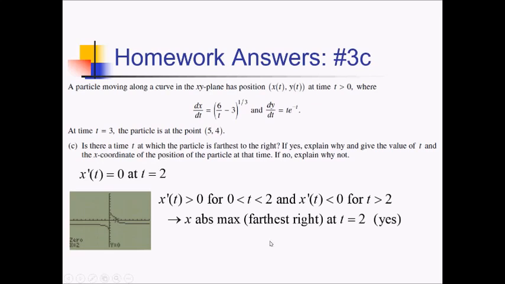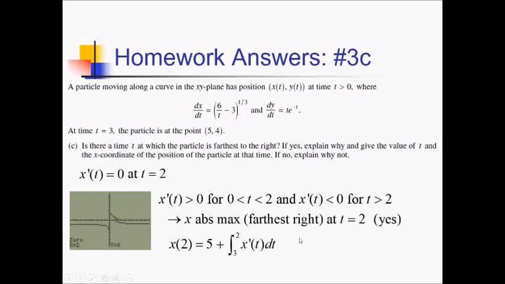Okay, we're not quite there yet, though. We need to find the x-coordinate at that time. So I'm going to need the fundamental theorem here. I'm going to say that x of 2 equals my initial x value of 5 plus, now I'm going from time 3 to time 2, the integral from 3 to 2 of x prime of t dt.